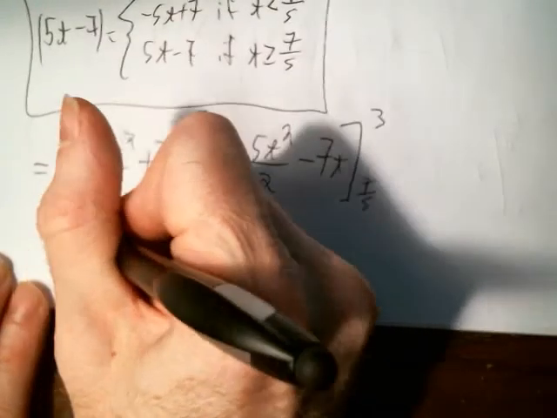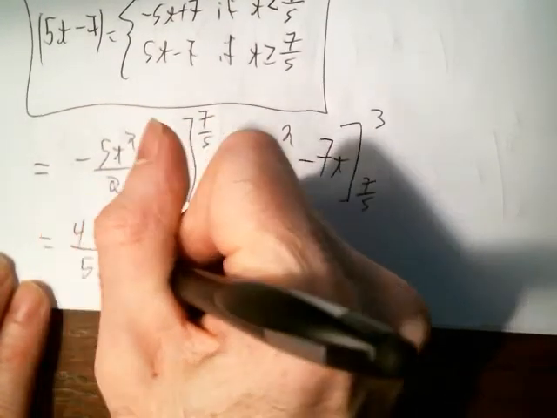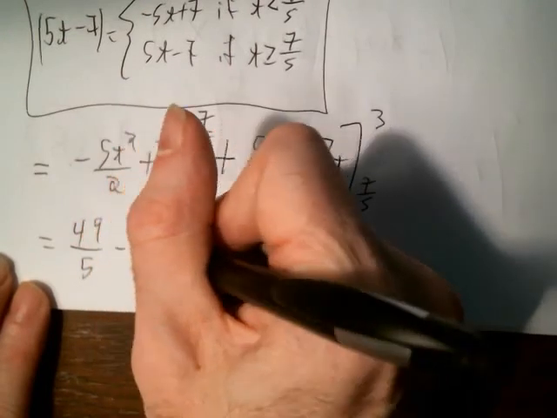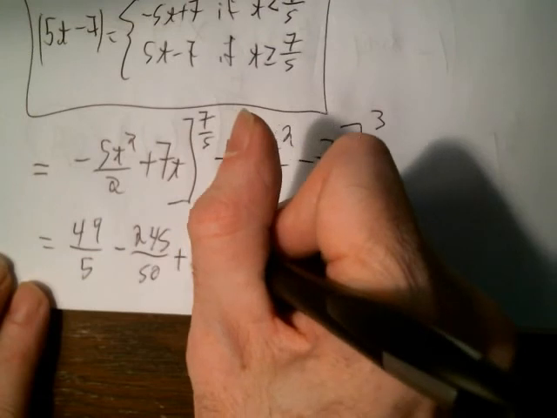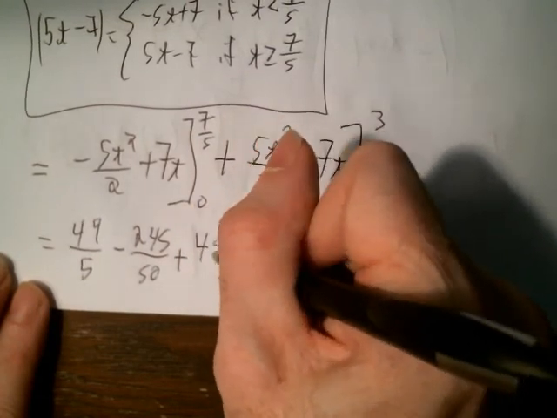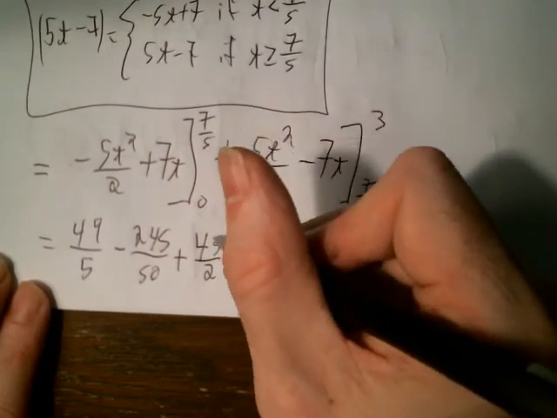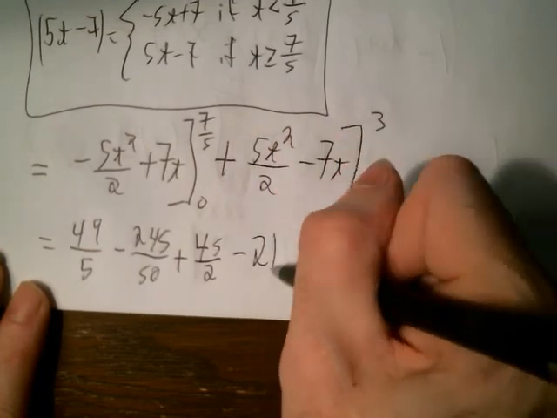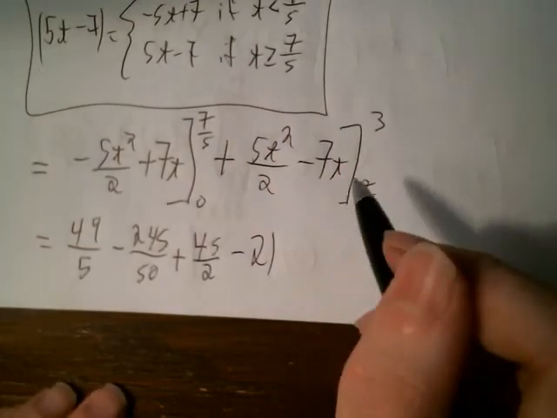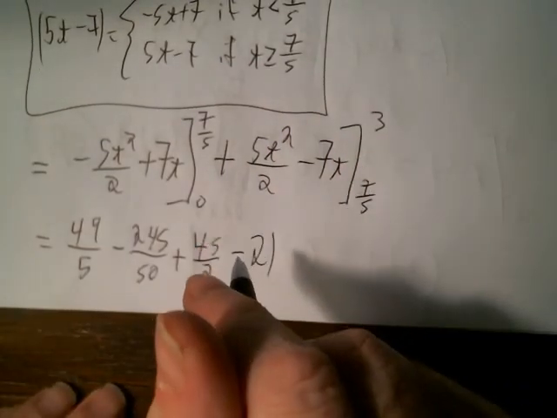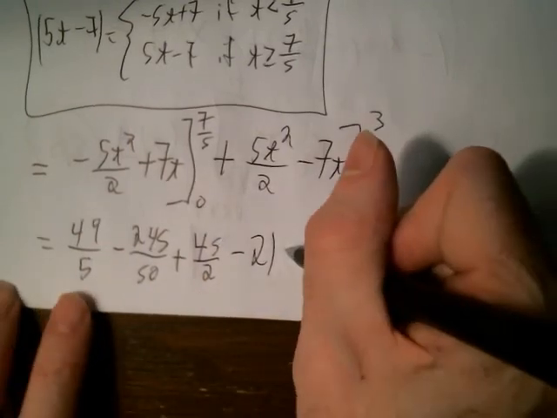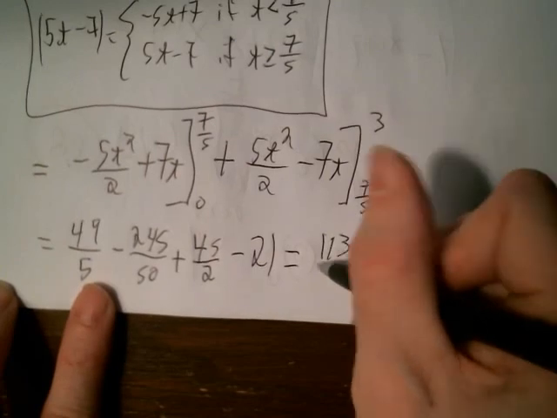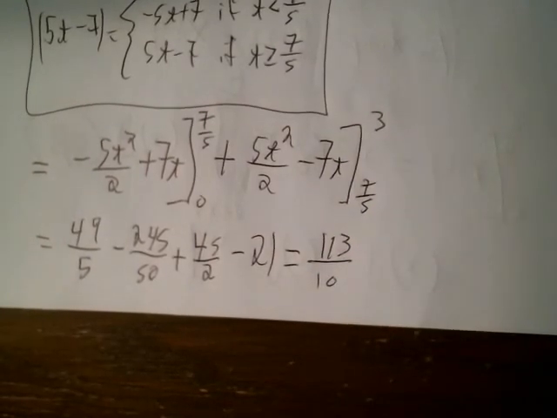Evaluating these things, I get 49/5 minus 245/50 plus 45 halves minus 21 eventually. Okay? I'm not putting in all my information. Part of it will be 0. I've done this earlier. And this will equal 113 over 10. So sorry for skipping over the arithmetic there.